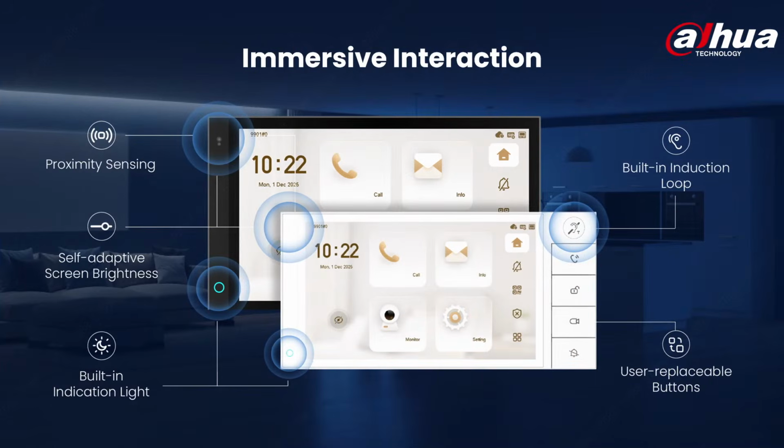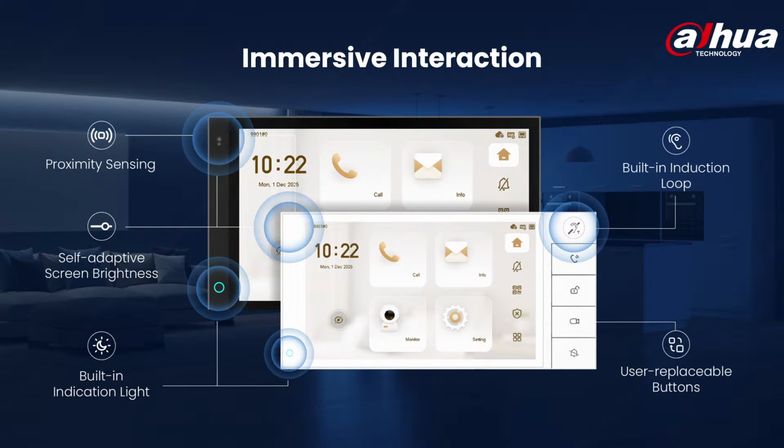In this device you can have a notification about your calls or messages with the built-in notification LED. Also, it has a proximity sensor, so the screen is not lighting when nobody is standing in front of it. It also has a built-in induction loop in some models, which can enhance the communication with hearing disabled people. And since it has a brightness sensor, brightness is also self-adapted.